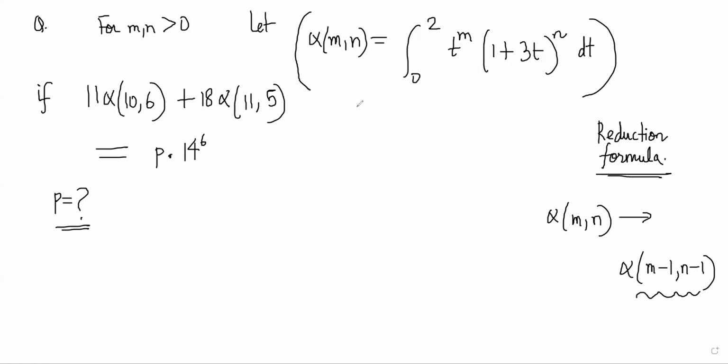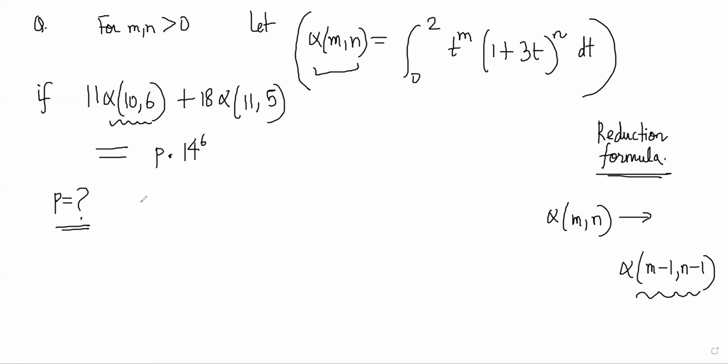The idea is I want to create a recursive relation between one integral and another integral. If I have a recursive relation, maybe I'll be able to connect alpha 10 comma 6 to some lower value of alpha, right?